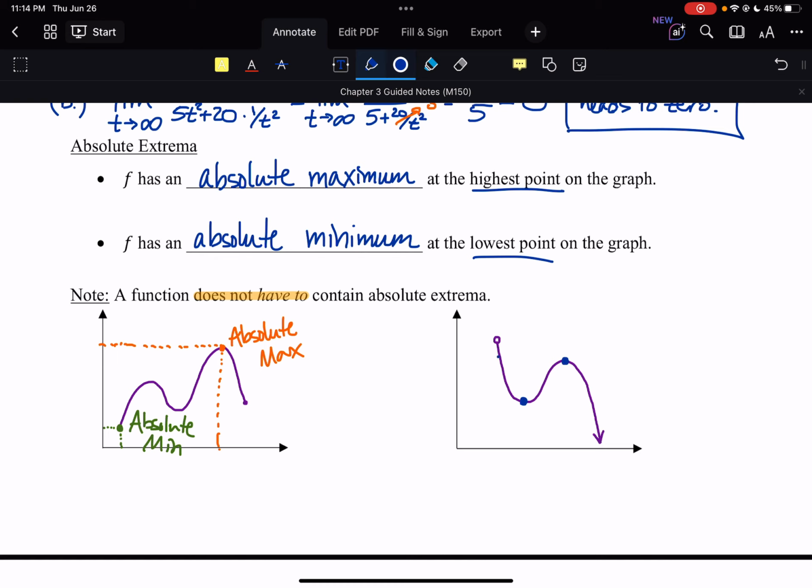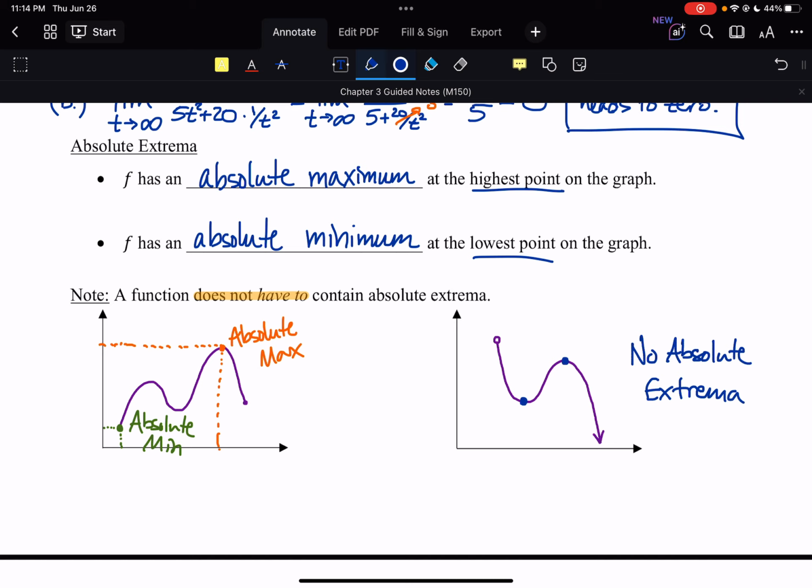But there is no one single highest value because the function is approaching that point but never actually hitting it. And then the function is heading down towards negative infinity. So in this case, there are no absolute extrema on a graph like this.